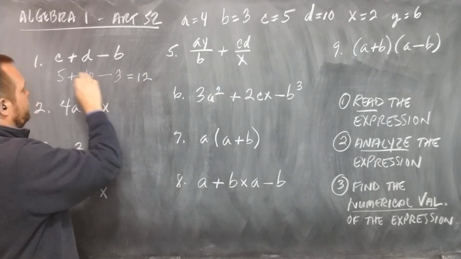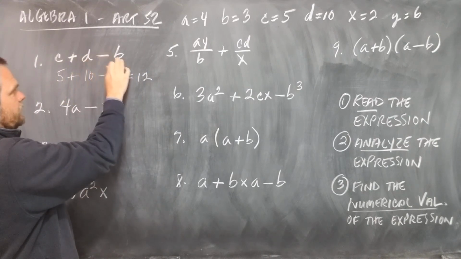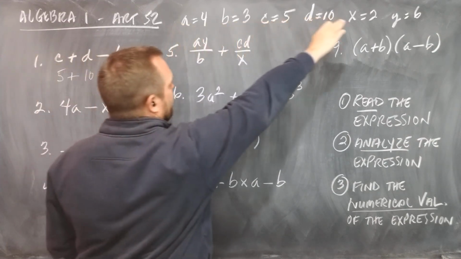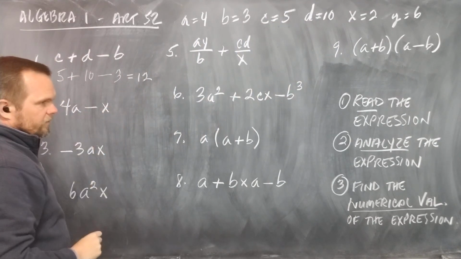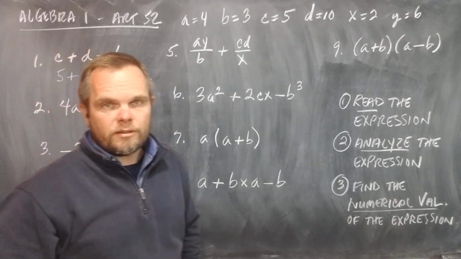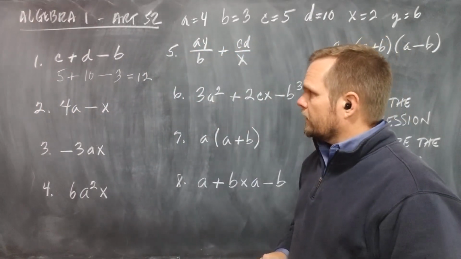So the numerical value of the expression C plus D minus B, given these values, is 12. That's all you need to do for each of these exercises. It's not difficult at all.